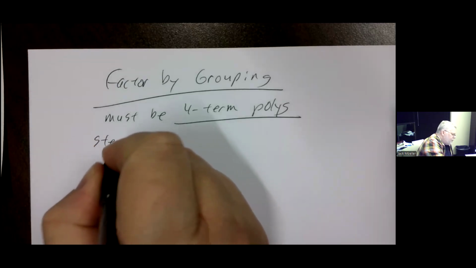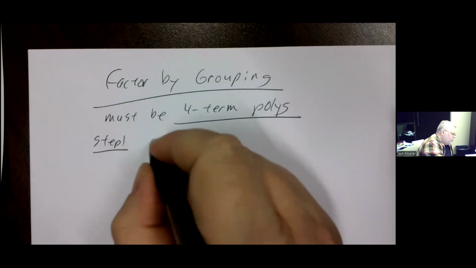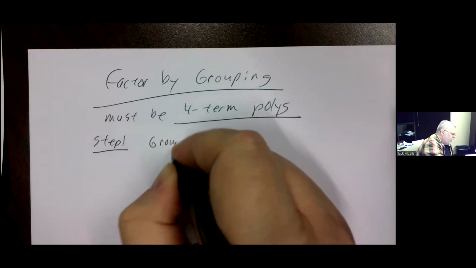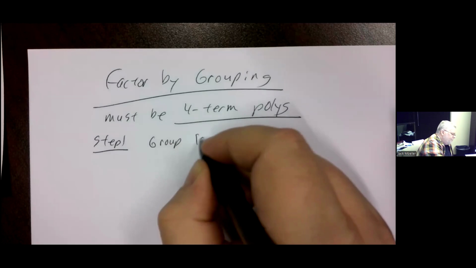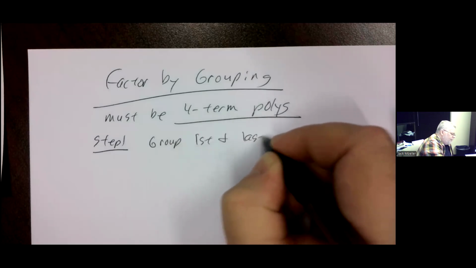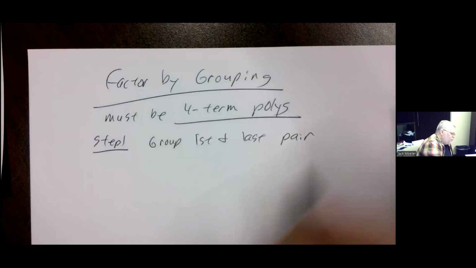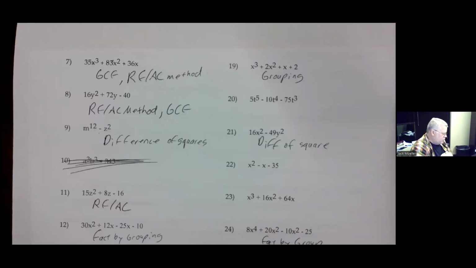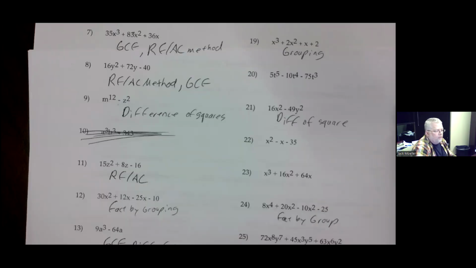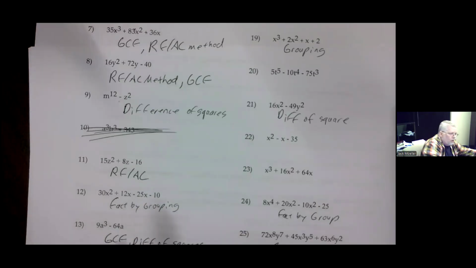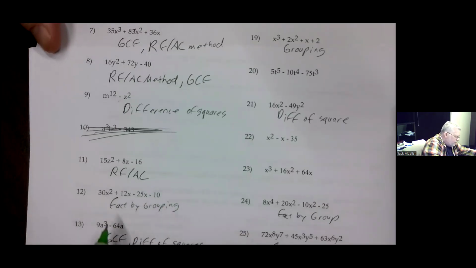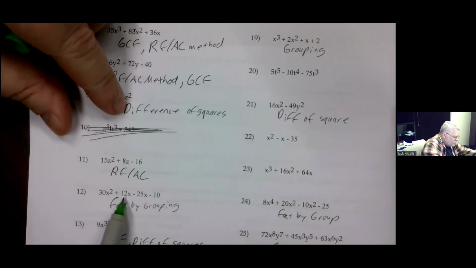And so to do factor by grouping, you're going to group the first pair and last pair. Now, what I mean by that is, if you look at number 12, and we're going to walk through this one, the first pair is 30x squared plus 12x.